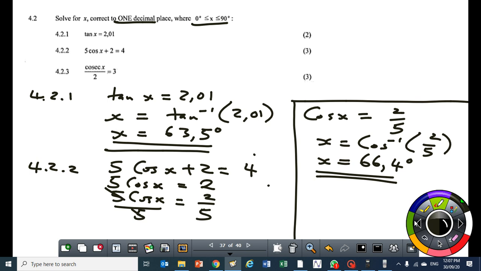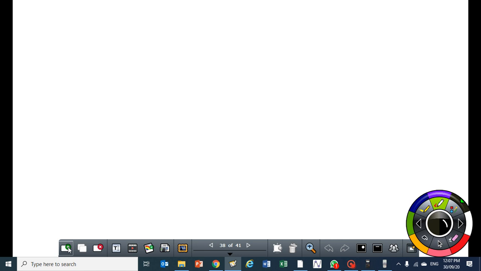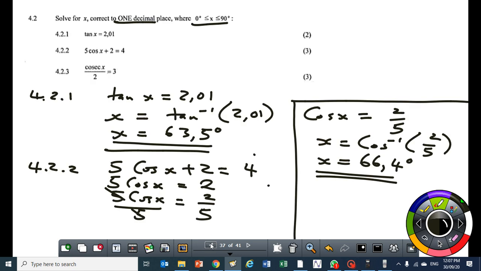So the next one I'll do it on the next page. So that's cosec x over 2 is equal to 3.